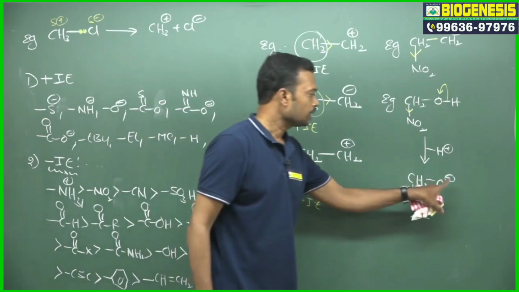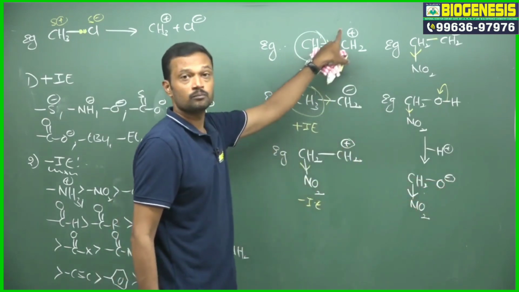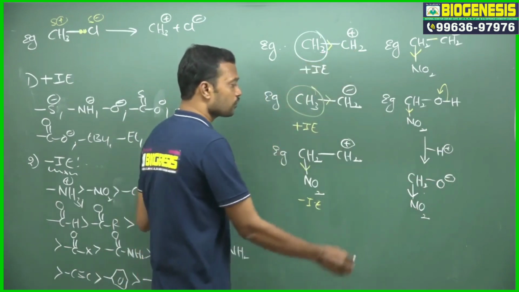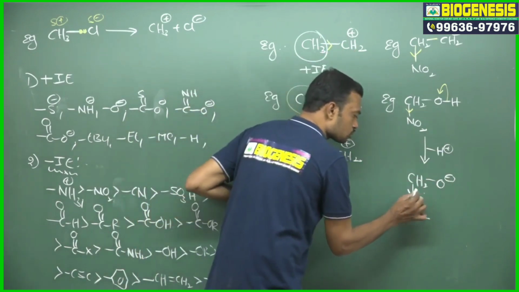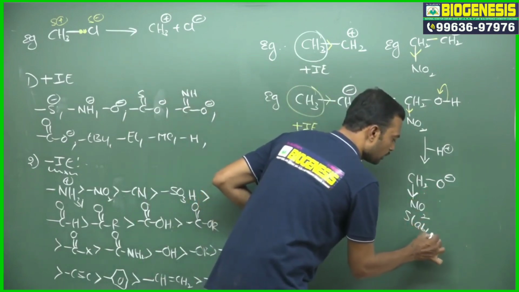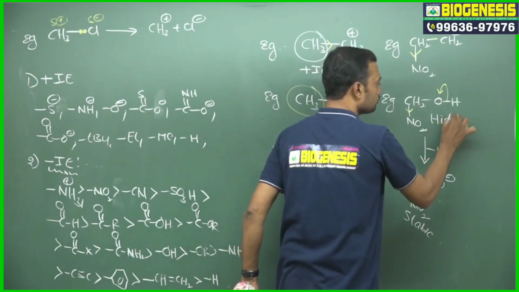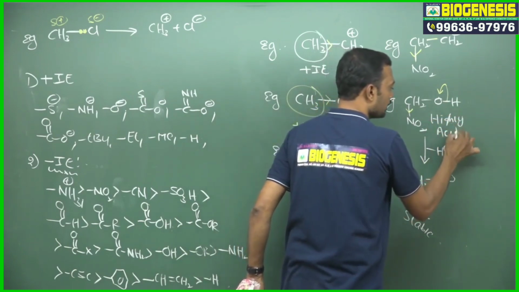Always remember, anions are stabilized by withdrawing groups, cations are stabilized by donating groups. Okay. So that's why here nitro is withdrawing electrons through sigma bond. And this anion is stable. If anion is stable, the corresponding acid is highly acidic. I am saying this is highly acidic.